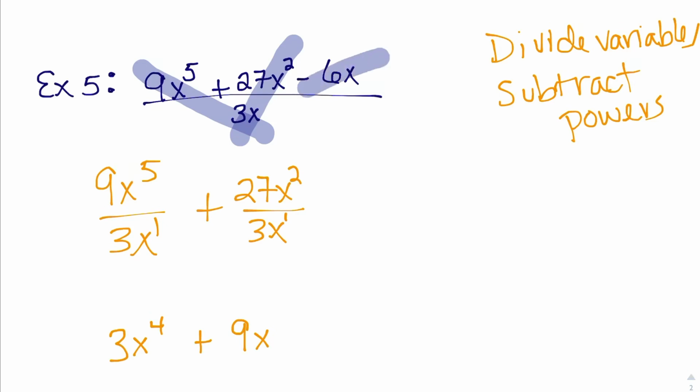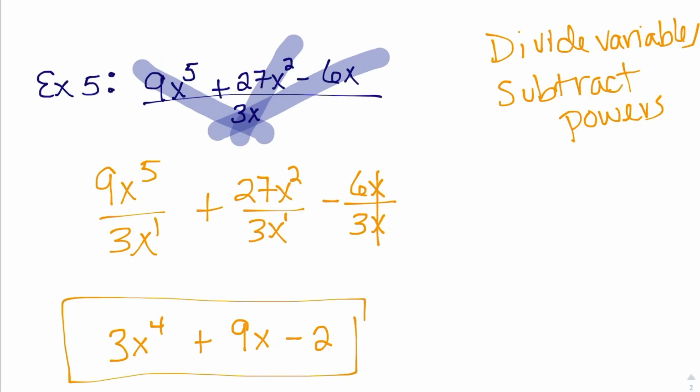And then lastly, negative 6x divided by 3x. Negative 6 divided by 3 is going to give me negative 2. And x divided by x, those would cancel out. So this is my final answer.